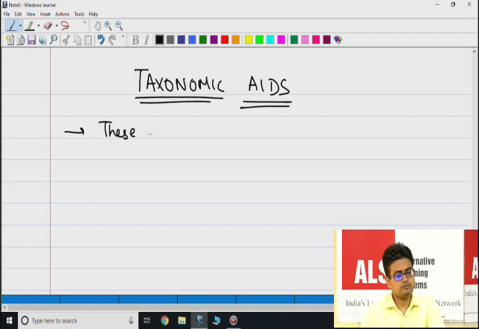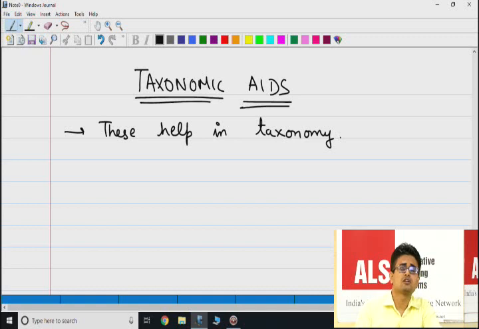These help in taxonomy. Simply I am writing the basis, the function of taxonomical aids. So what are these taxonomical aids? There are 4 we have to study.